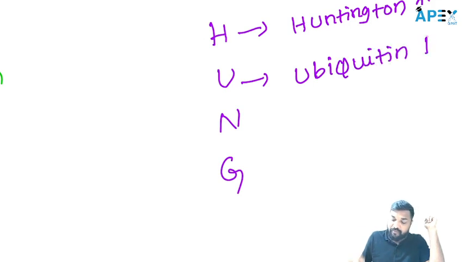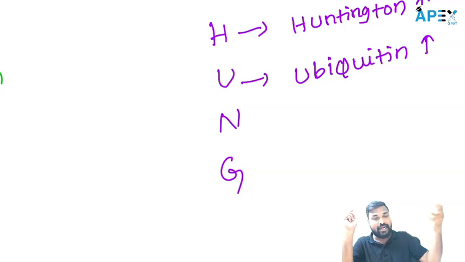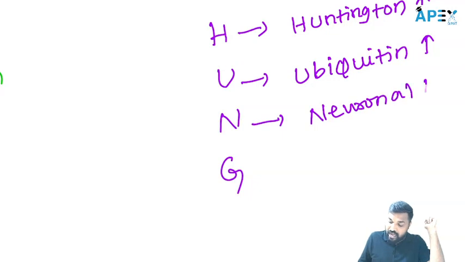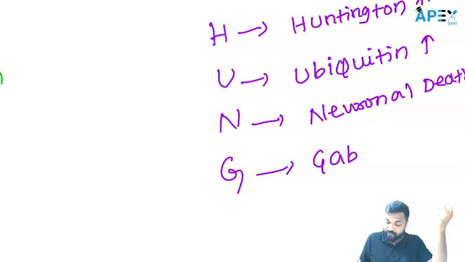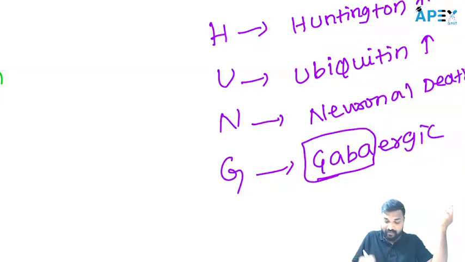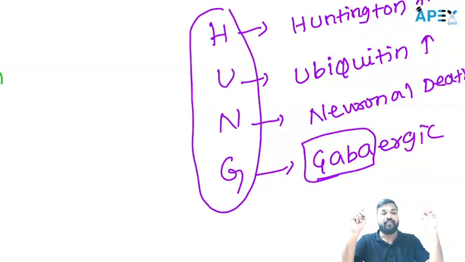When the ubiquitin protein is elevated, Huntington's. And N is neuronal death, the neuronal death of GABAergic neurons. Simple one: HUNG is the trick for Huntington's.